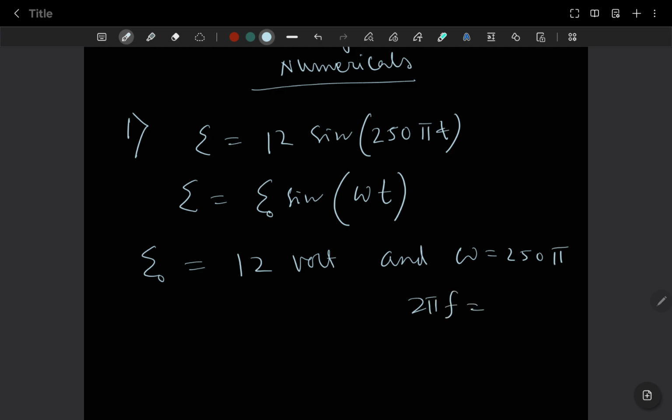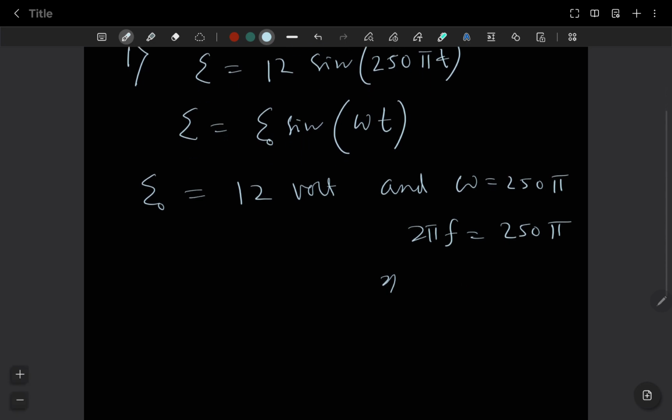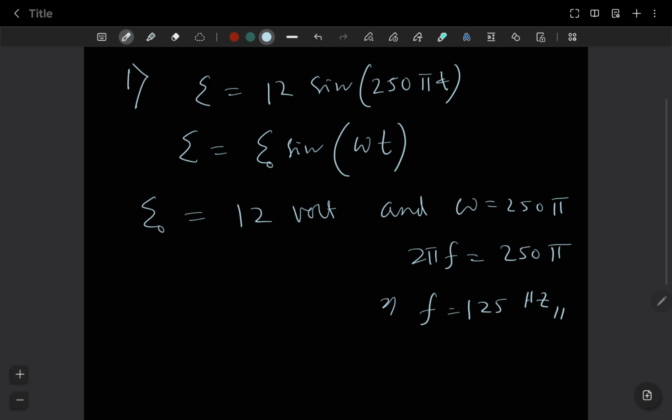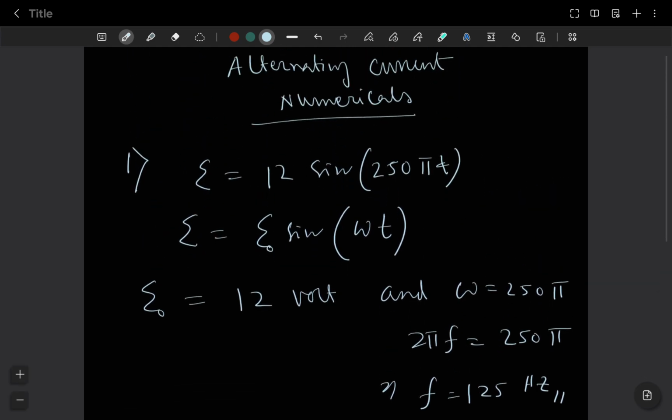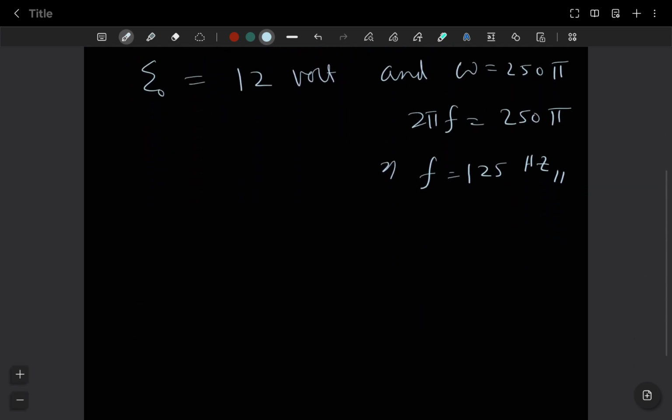So 2 pi f is 250 pi. So f will be 125 hertz. Okay, the frequency.